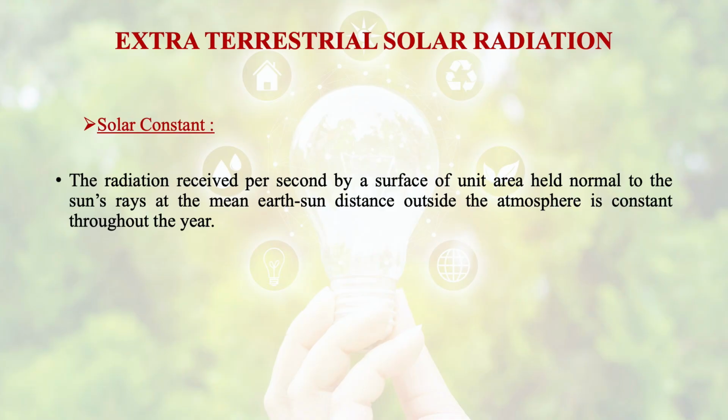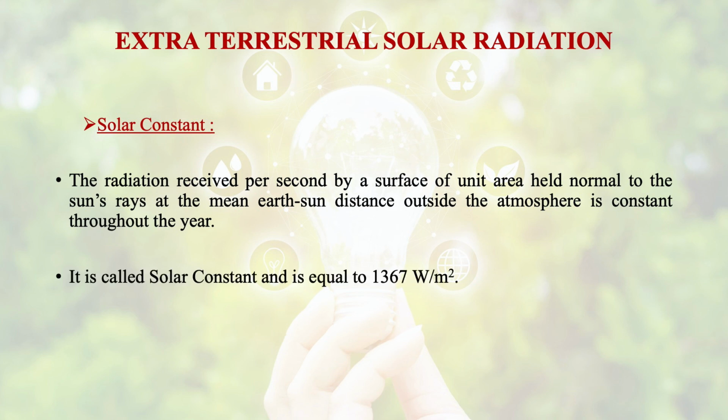The solar constant is the radiation received per second by a surface of unit area held normal to the sun rays at the mean Earth-Sun distance outside the atmosphere, and it is constant throughout the year. It is called the solar constant and is equal to 1367 watt per meter square.